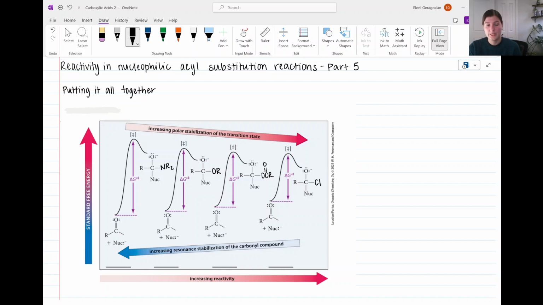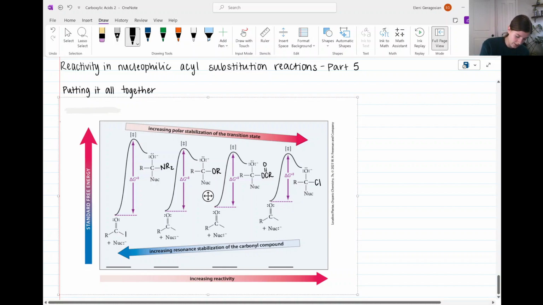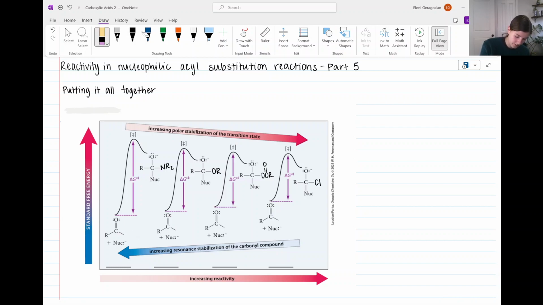Now we can trace this back down to fill in and complete the structures of the acyl groups down at the bottom here. They are represented in increasing from right to left resonance stabilization of the carbonyl compound. So the most resonance stabilized structure is our lowest energy structure, and that is our amide, or NR2 really.